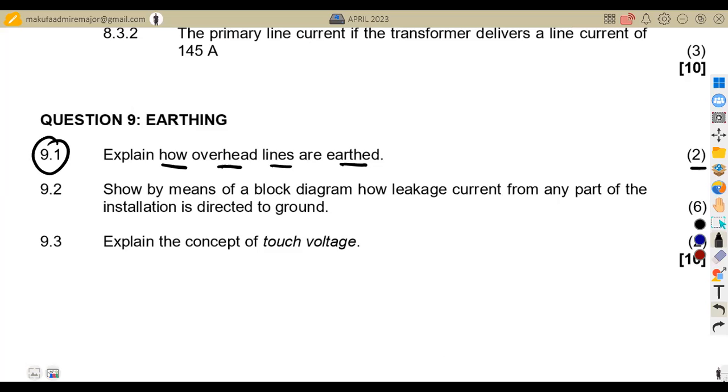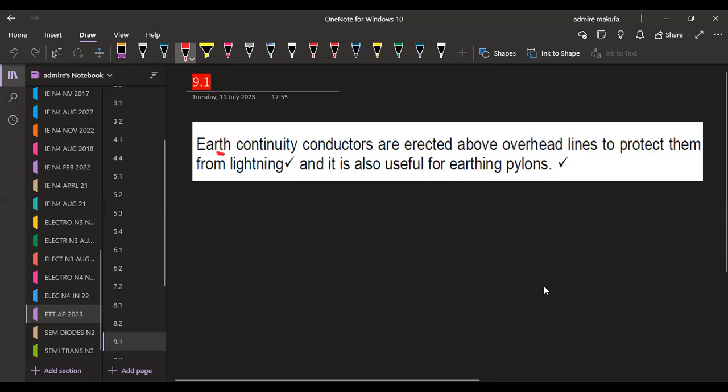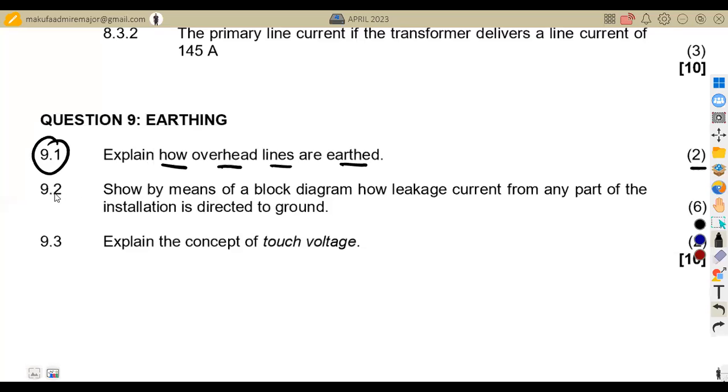On an overhead, in terms of earthing, the earth continuity conductors are erected above overhead lines to protect them from lightning, and it is also useful for earthing pylons. So that is the part that we are given on the overhead.